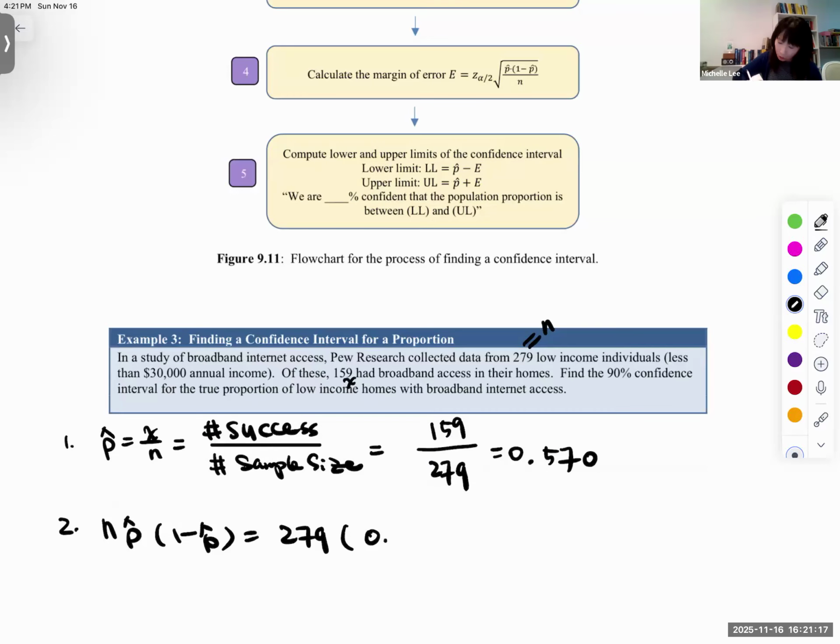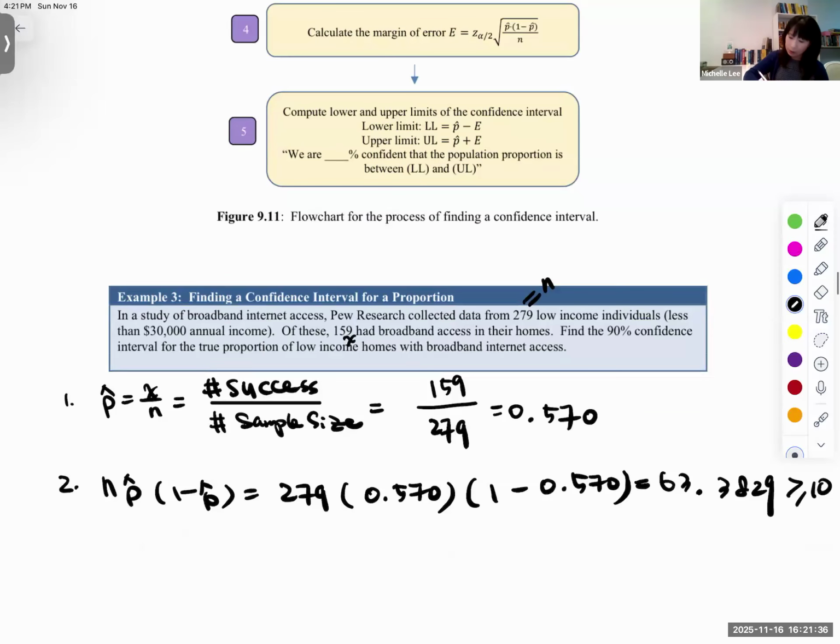So p, which is 0.570, times 1 minus p, which is 0.570. What do you have? It's 63.3829, which is greater than or equal to 10, right? So it's a normal distribution, right?